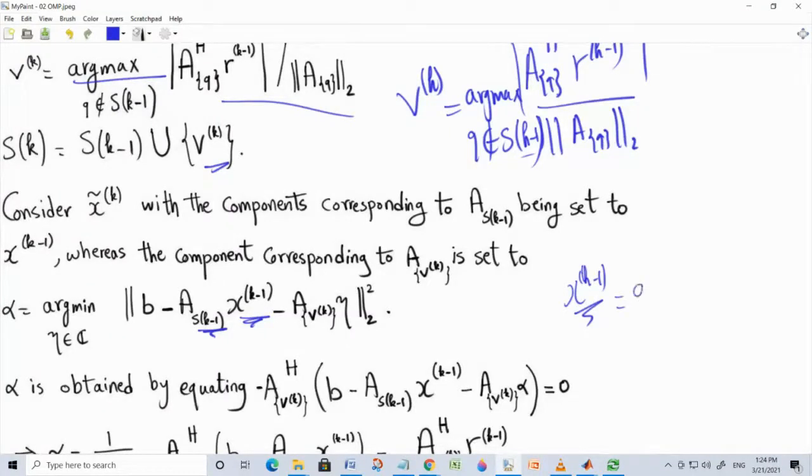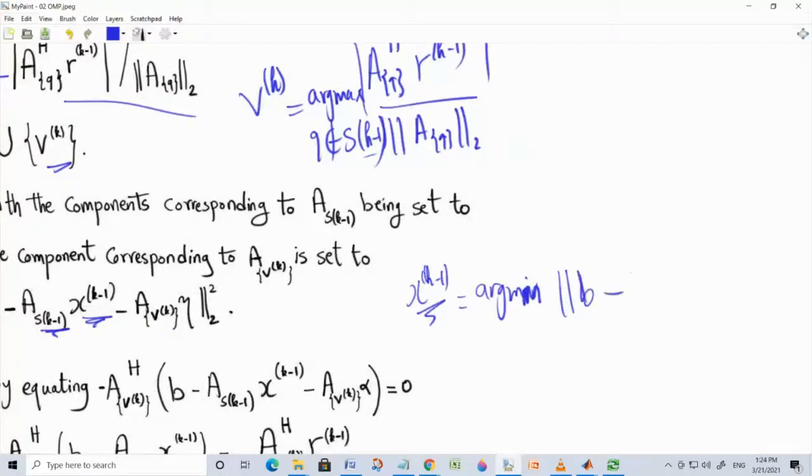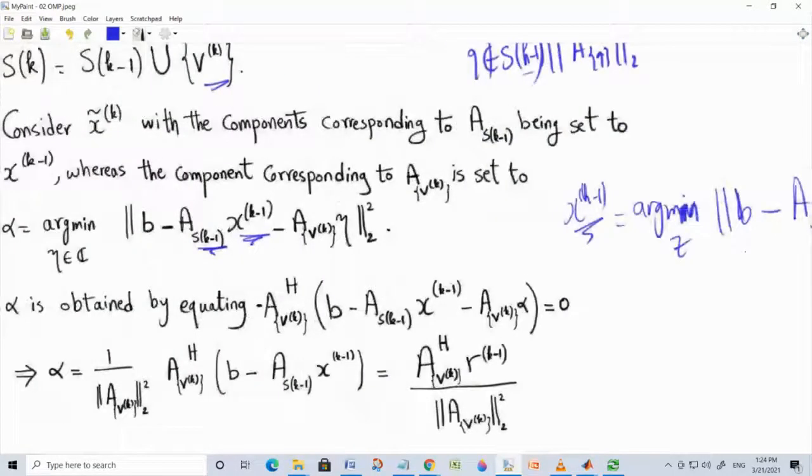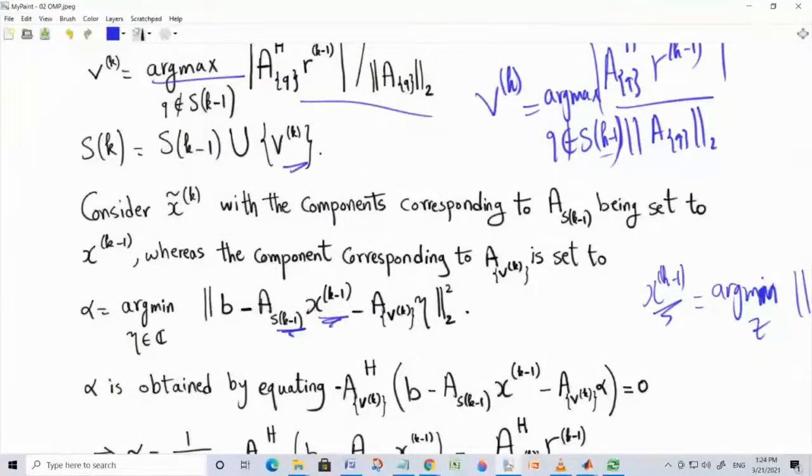You get x of k minus 1 as the argmin of the L2 norm squared of b minus A_S(k-1) z. You keep those elements. And in the kth iteration, you select your new column, and now you take this vector and fix it. So x of k minus 1, you fix it, and you just optimize over the coefficient of the new column.